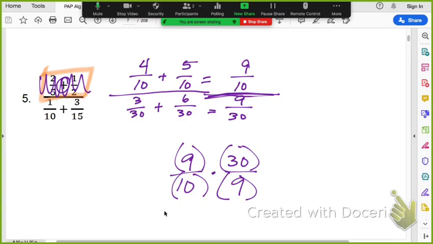So what can I go ahead and cancel from top and bottom right now? The 9s. 9s can go away because I have a 9 on top and a 9 on bottom. It doesn't work for side by side, but it does work for numerator and denominator. So then I'm left with 30 and 10, and that can reduce to be what and what? 3 and 1.